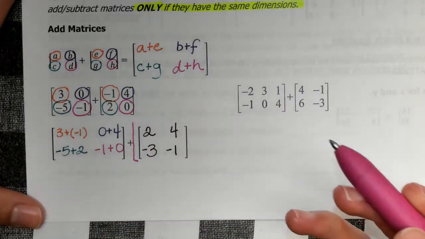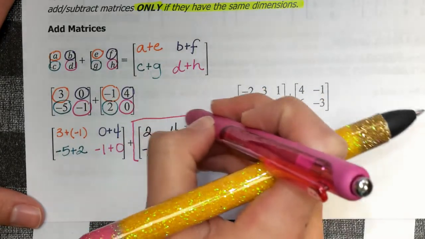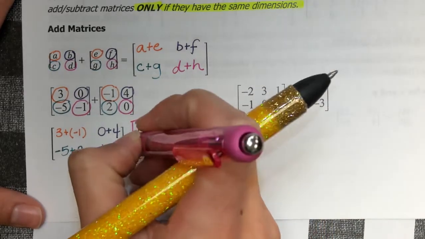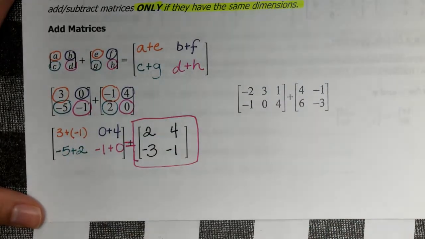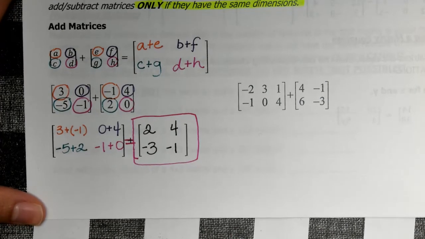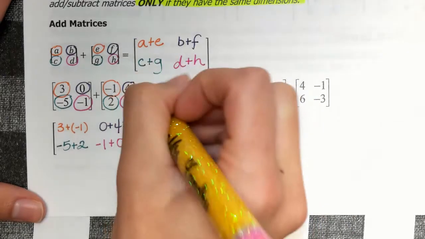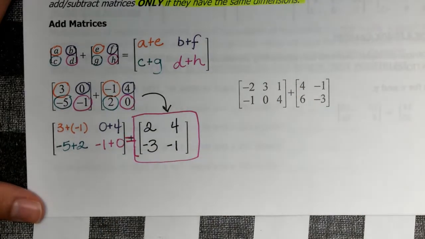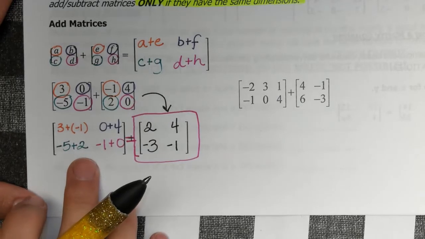Oh, I don't know why there's a plus there. That shouldn't be a plus. That should be an equals. Sorry, I copied and pasted and then forgot to change it. So you can go straight to this final matrix. You do not have to show me this.